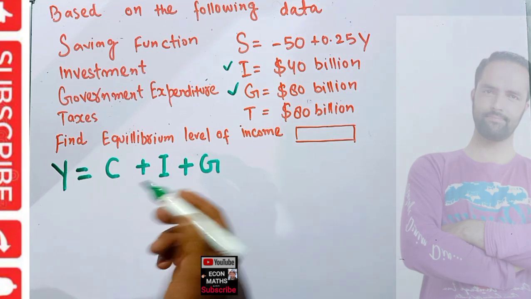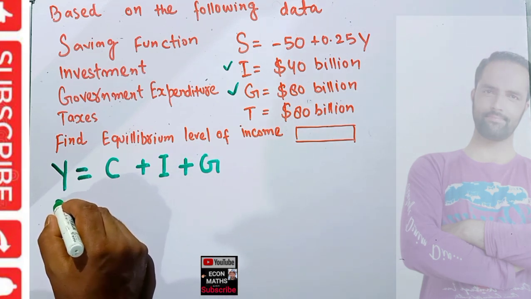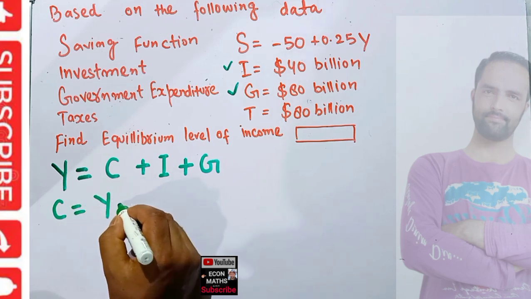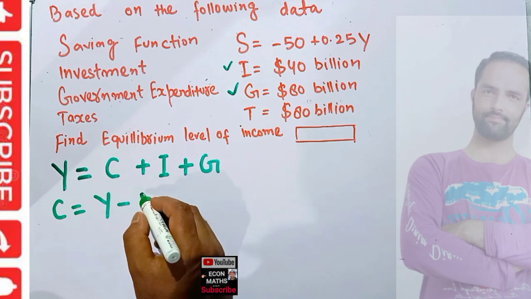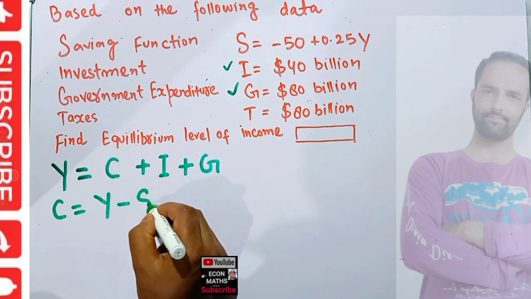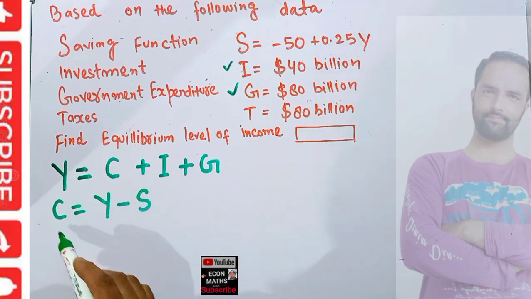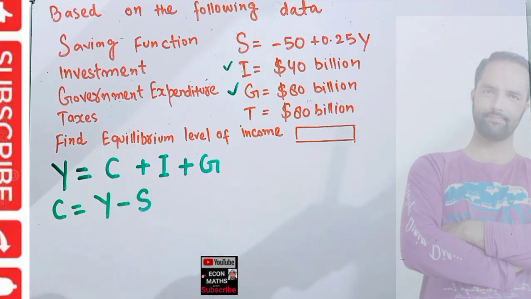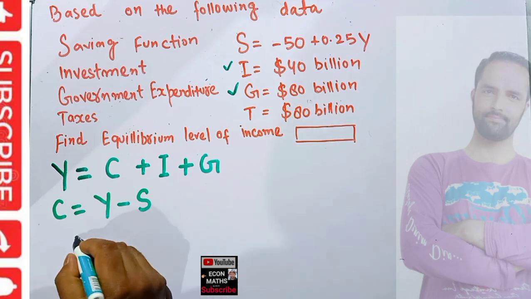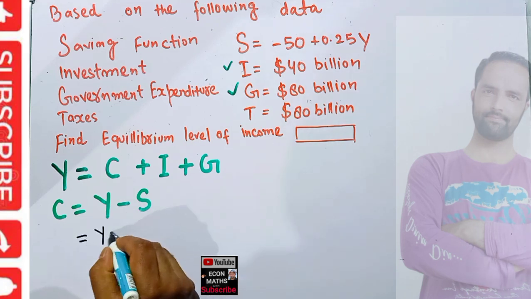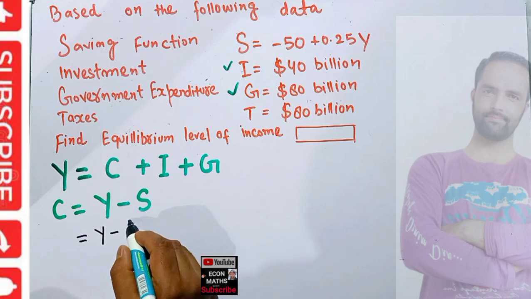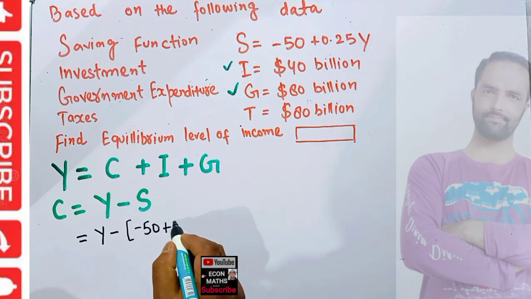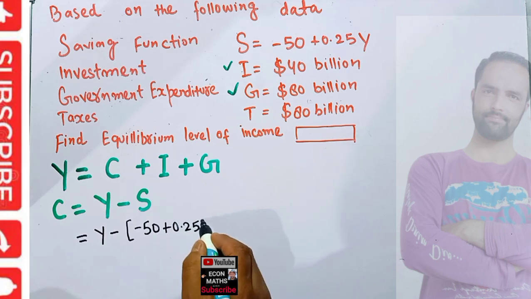Now consumption is simply equal to our total income, and from that if we subtract the savings, okay? So consumption is equal to income minus savings, okay? And our savings is being given to us, that is y minus the savings function, which is minus 50 plus 0.25 y, okay?